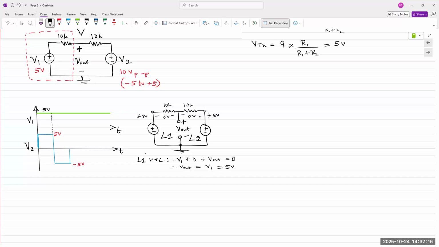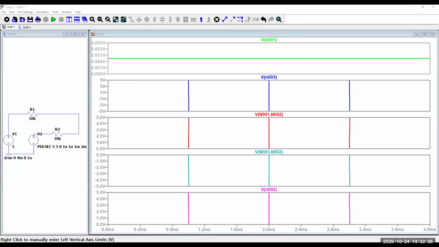Okay, V out is at plus 5 volts. So look at that LTspice simulation. It keeps disappearing, but you see here, for that first half cycle, V out is plus 5 volts. Everybody see that? Right?